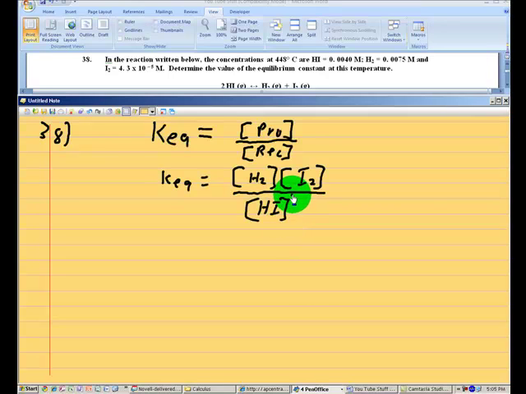But here we square that, because if you look at the coefficient in front of the HI, it's 2. And the K equilibrium says that you raise that concentration to the exponent of that coefficient.